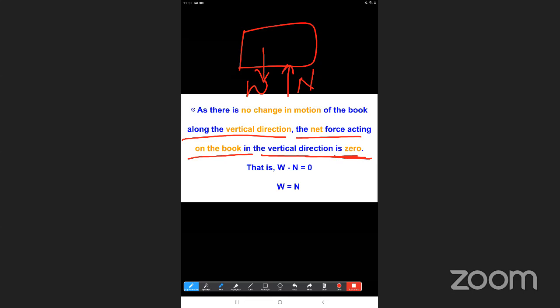These 2 forces, normal force and gravitational force, cancel each other out. These 2 are in opposite directions, acting along the same line, that means the vertical direction. So the net force acting on the book is 0 because the state of the book is rest. So we can say gravitational force minus normal force equals 0. Simply, gravitational force equals normal force.